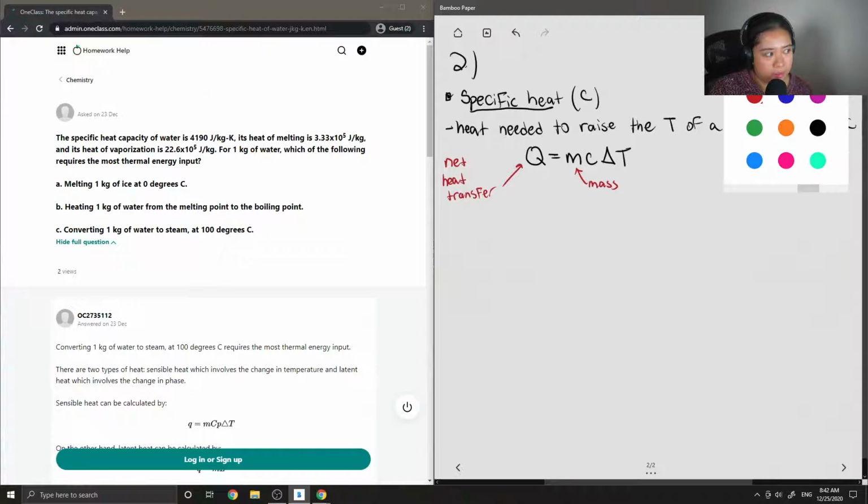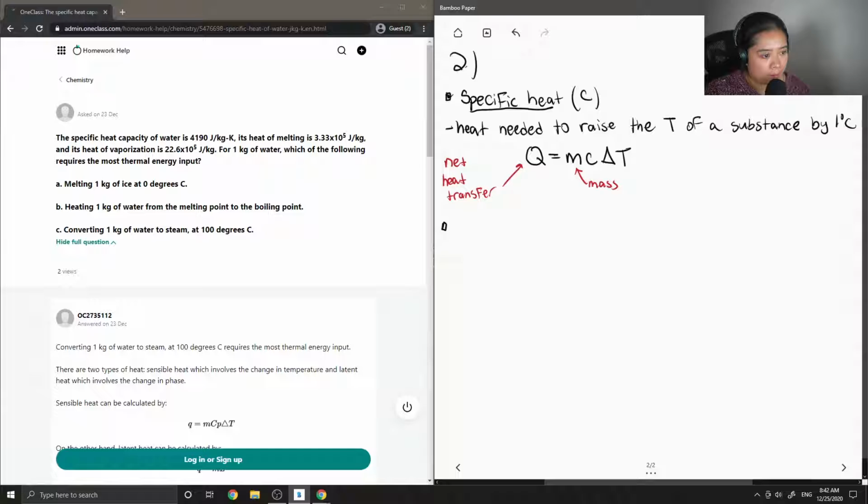Basically we need to solve for all of the Q values of the different scenarios. But depending on whether you're heating, boiling, or melting, they all have a different way of calculating it.